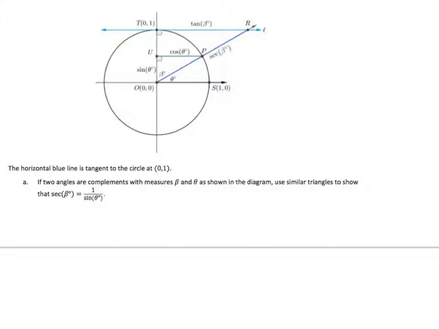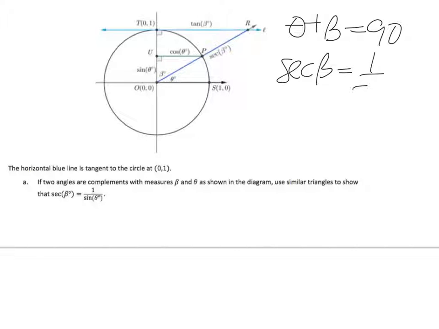Example 2. Use similar triangles to show that if theta plus beta equals 90 degrees, then secant beta equals 1 over sine theta, and tangent beta equals 1 over tangent theta.